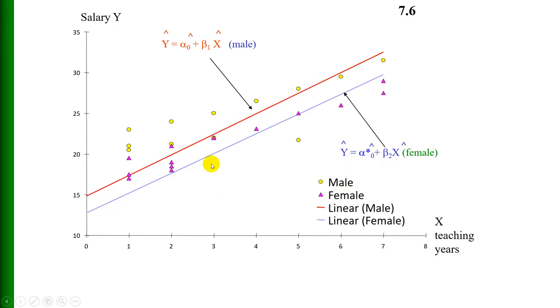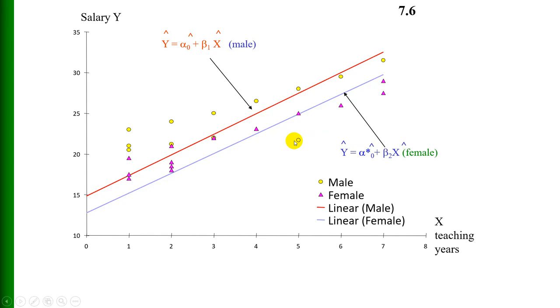This blue line is also an estimated regression line, but this is for female. Here alpha naught star hat is the coefficient from here to there, and for the male the coefficient is from here to here, and beta 2 hat is the slope of the regression for the female teachers.